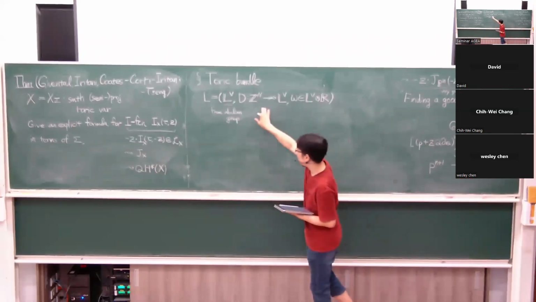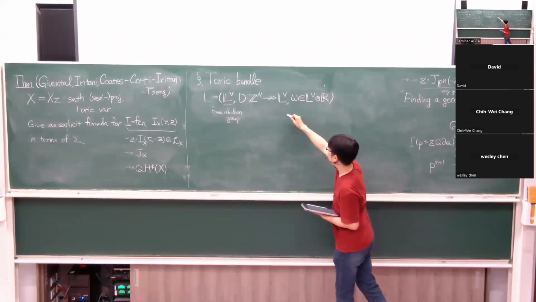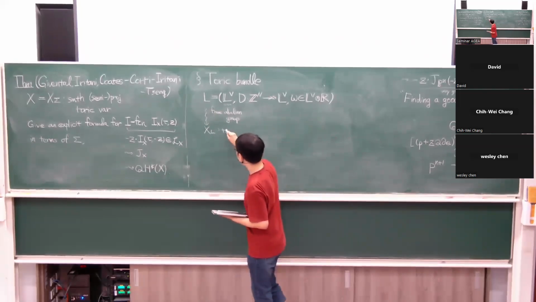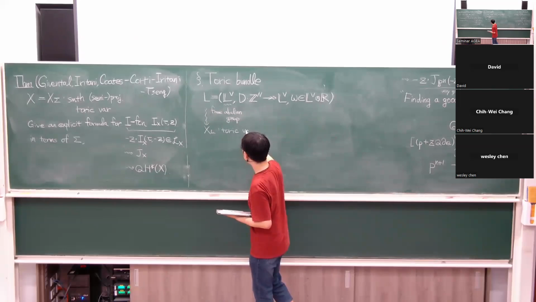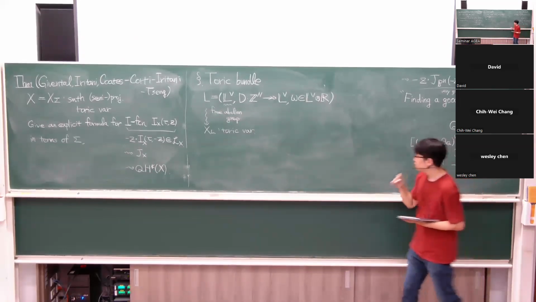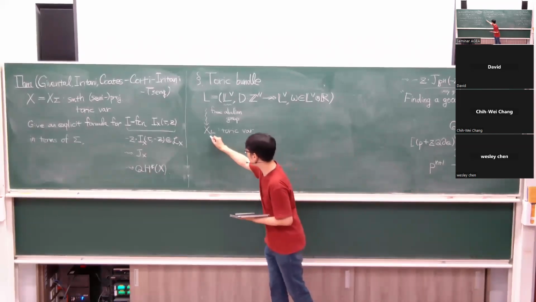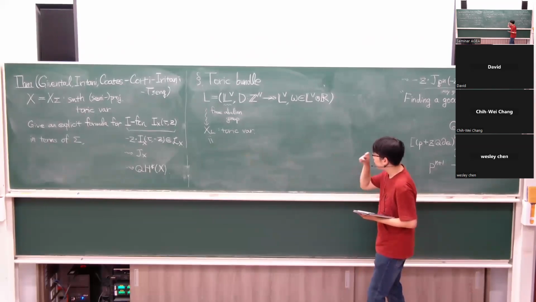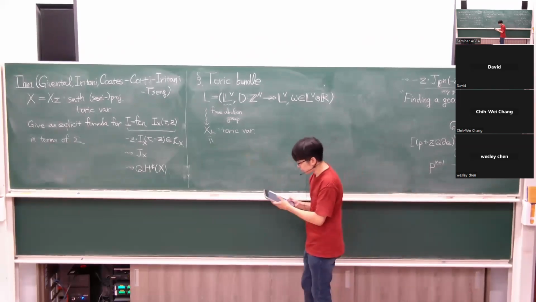If we choose a good tuple, we can construct a toric variety. More precisely, we construct this toric variety by GIT quotient.